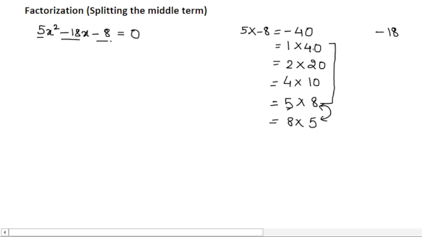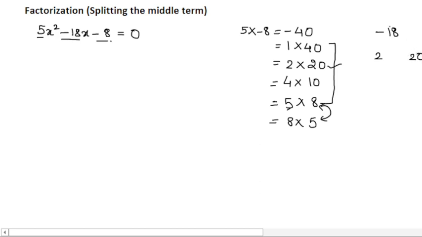The difference between 40 and 1 is not 18. The difference between 20 and 2 is 18. So this is my pair. The factors that I was looking for are 2 and 20.